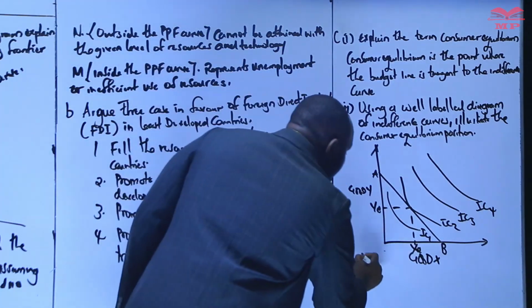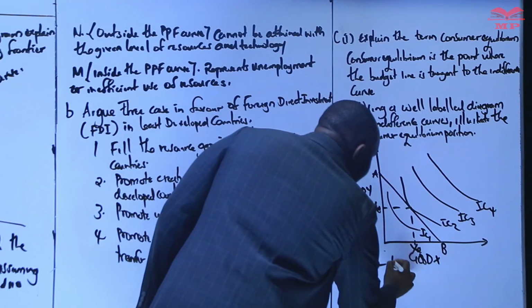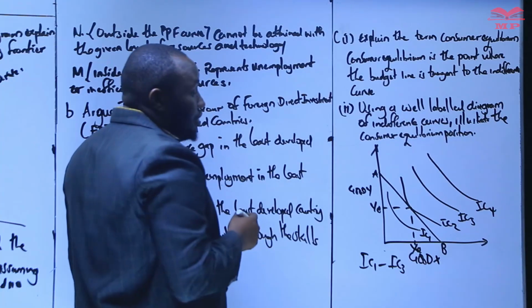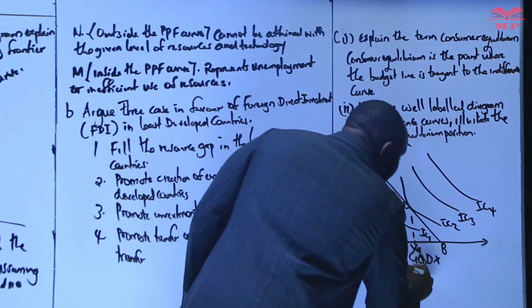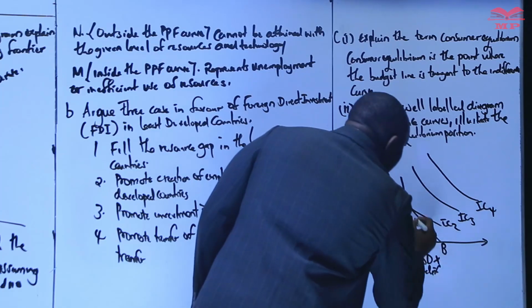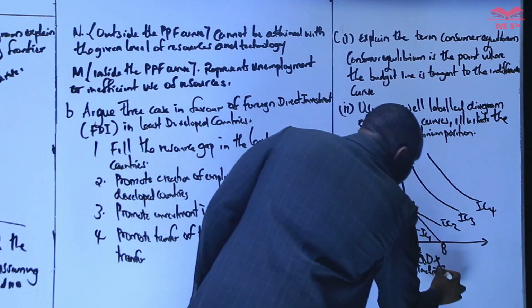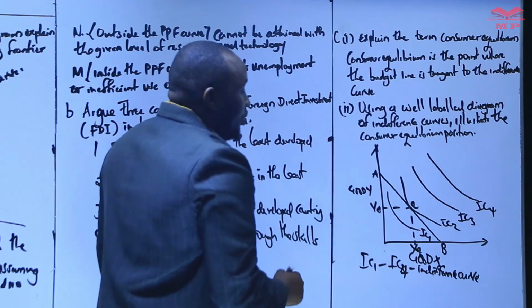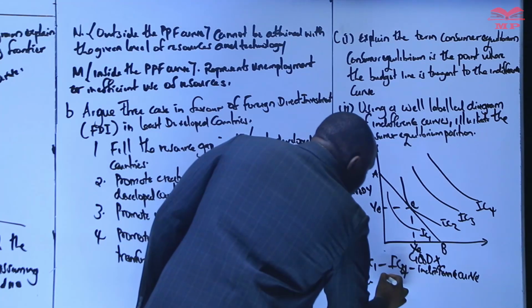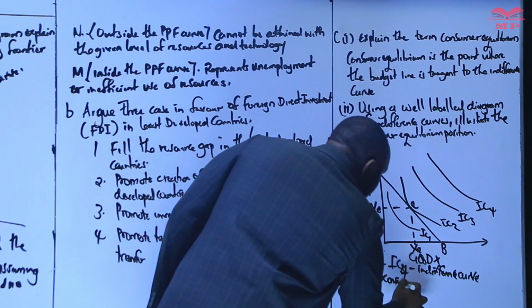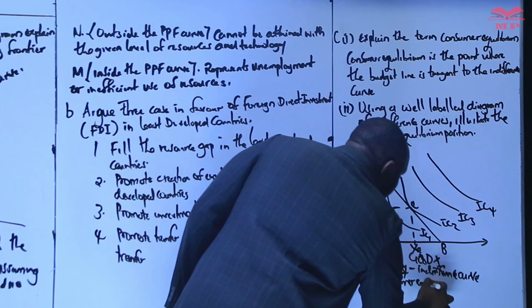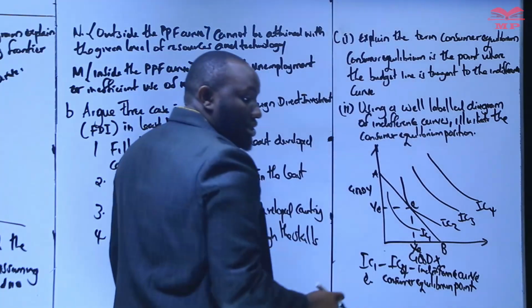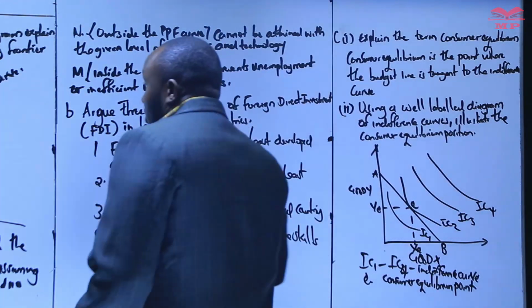We know that IC1 to IC4 are the indifference curves. Point E is what we call the consumer equilibrium point.